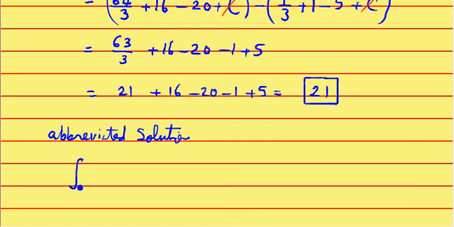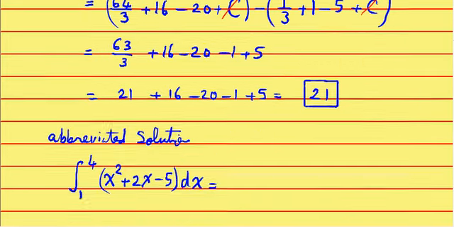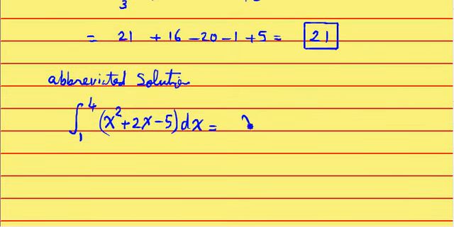We have the integral from 1 to 4 of x squared plus 2x minus 5 dx. On the right hand side, we go ahead and write the antiderivative. So I just write one antiderivative, x cubed over 3 plus x squared minus 5x. We notice that the c didn't play any role at all.